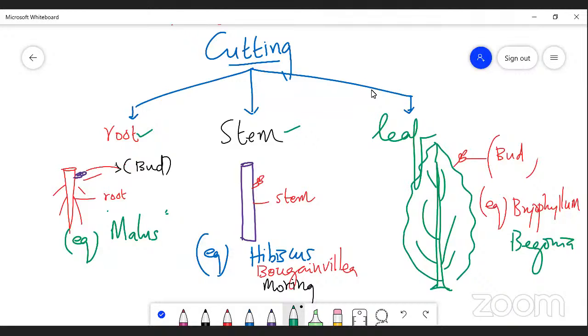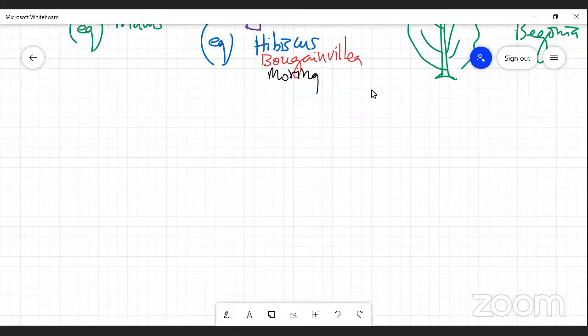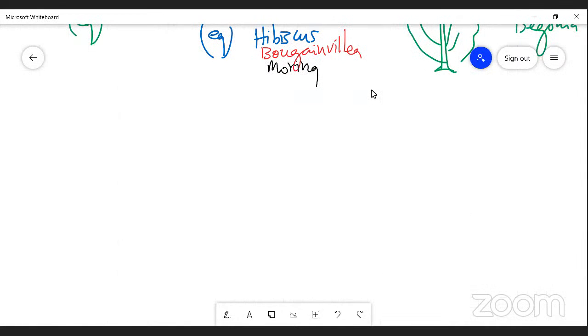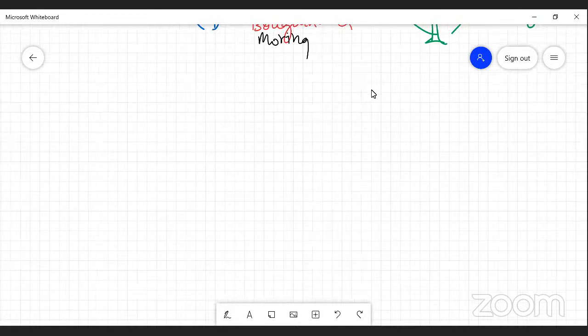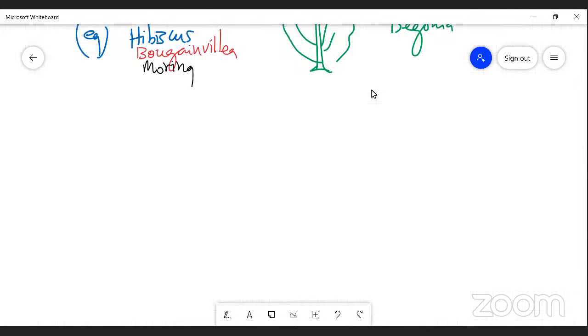Next we pass on to the grafting technique. Grafting is one of the artificial methods of vegetative reproduction. Parts of two different plants are taken, which are grafted.